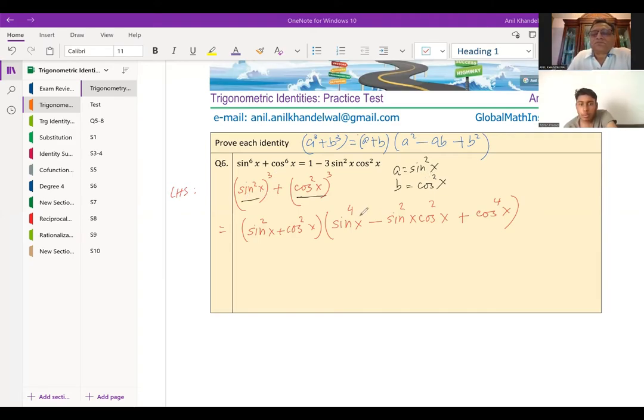Okay, sir. So basically what you're doing is you labeled which one would be a and b, and from there you just put in a cube plus b cube, which is equal to a plus b multiplied by a squared minus ab plus b squared. You put sine squared x plus cos squared x into one bracket, and then for sine squared x squared, that's just the power of 4.